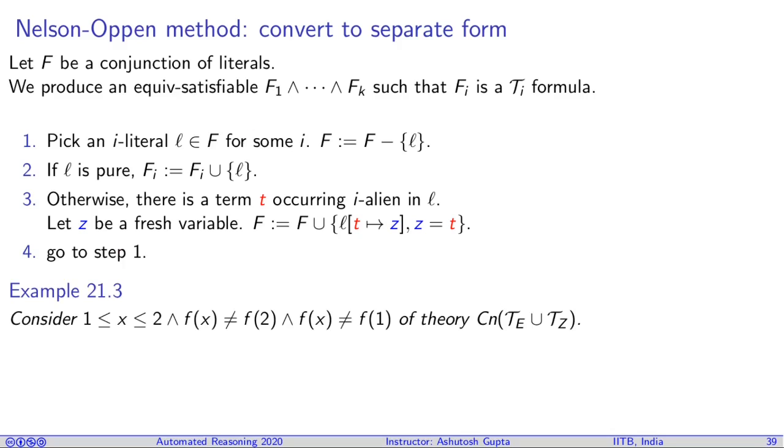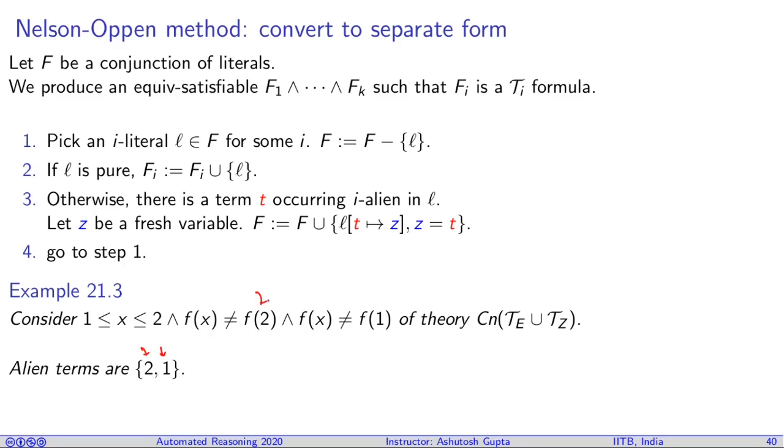For example, consider this formula. Here you have x is between 1 and 2, f(x) is not equal to f(2), and f(x) is not equal to f(1). So it involves two theories, equality and integers. We have 2 and 1 as the alien terms.